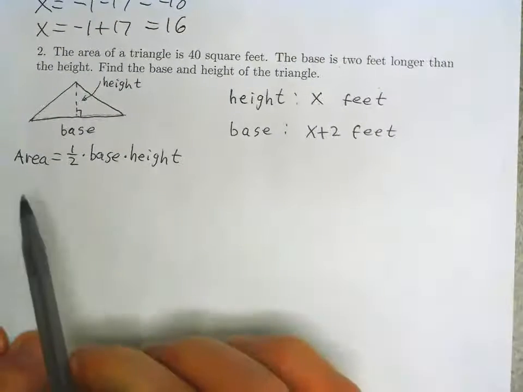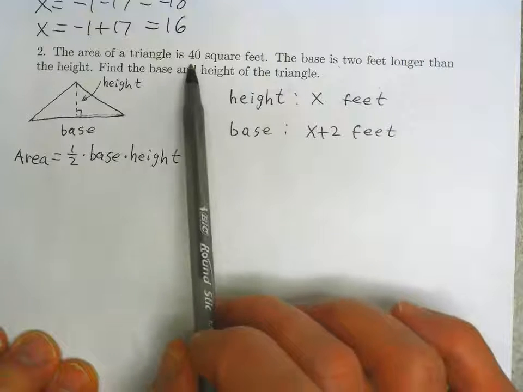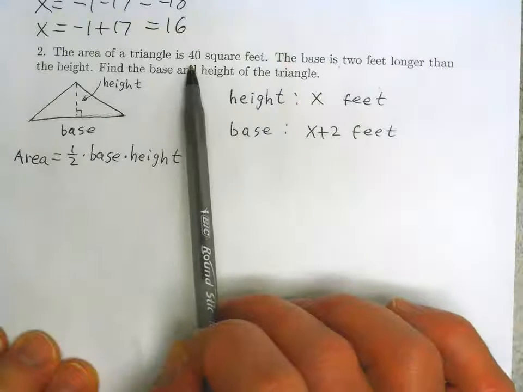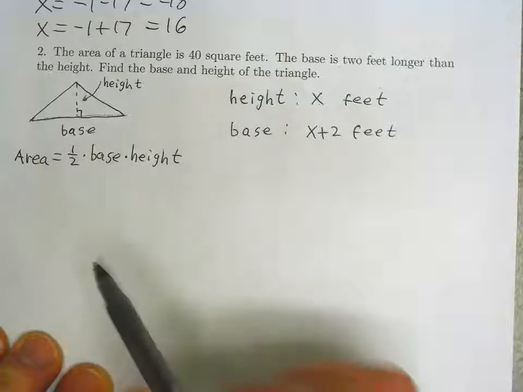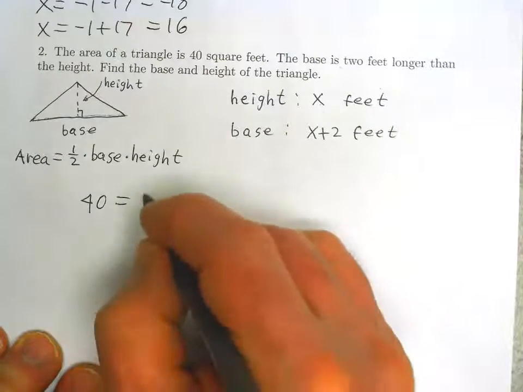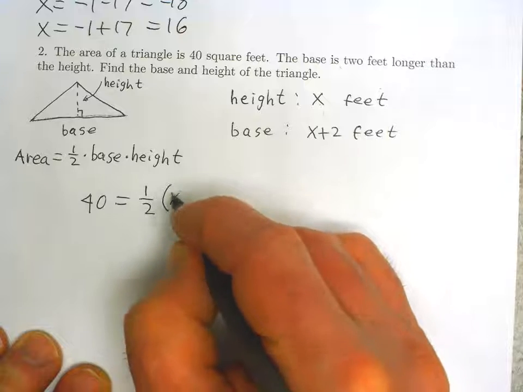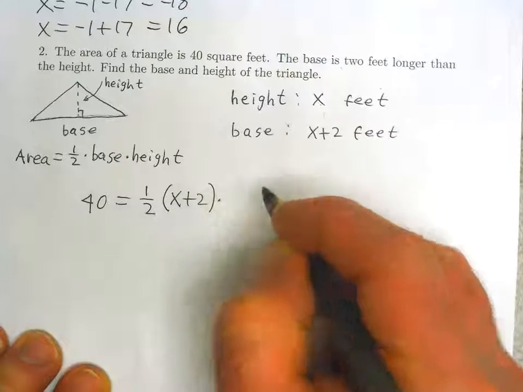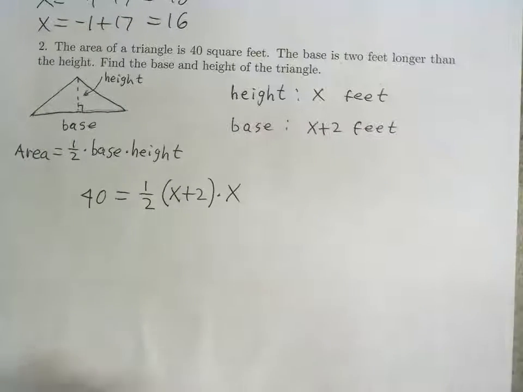Then we use our variable assignments in the fact that the area of the triangle is 40 square feet. In this formula, replace area with 40 square feet, equals 1/2 times the base, x plus 2, times the height. This is a quadratic equation in the variable x.